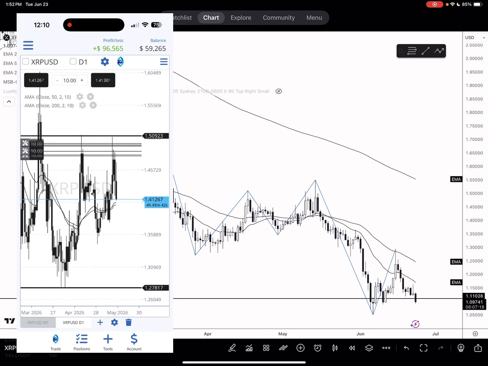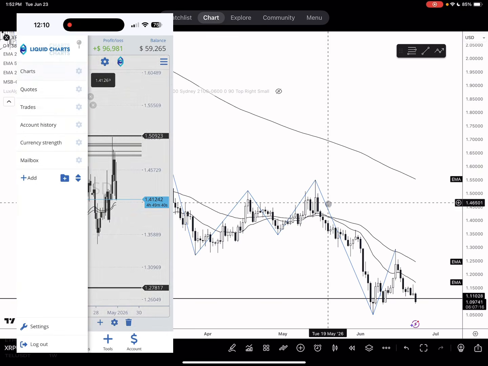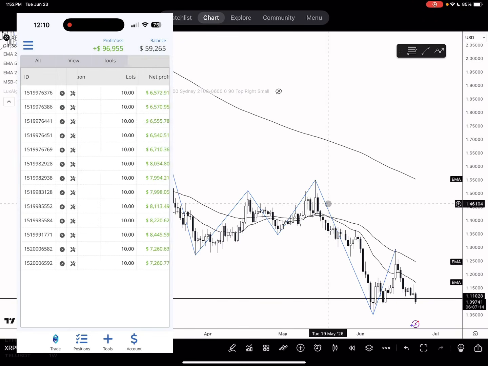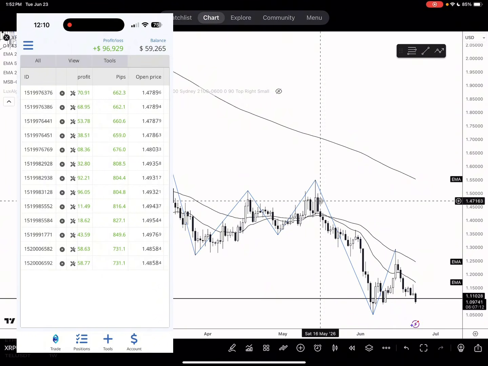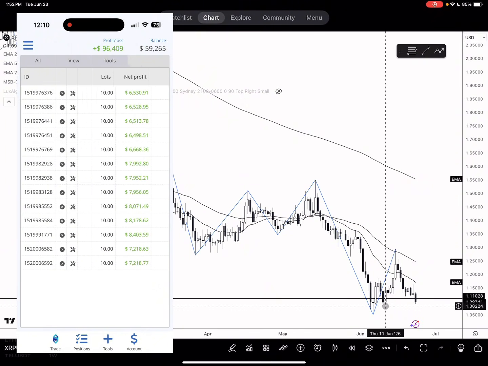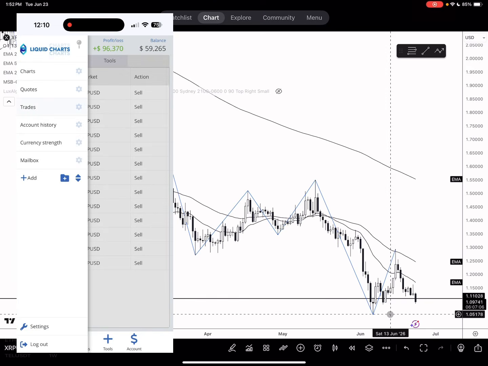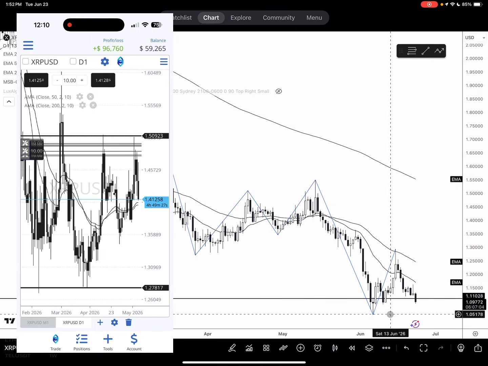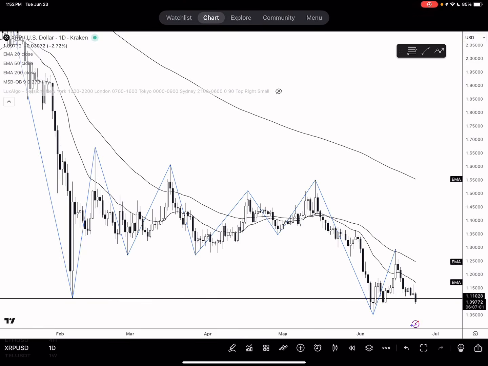So the psychology wears on you, and you finally decide, I'm gonna secure. But then what ends up happening? Price goes from 154 all the way down to 105. That trade alone would have been probably over $1 million.